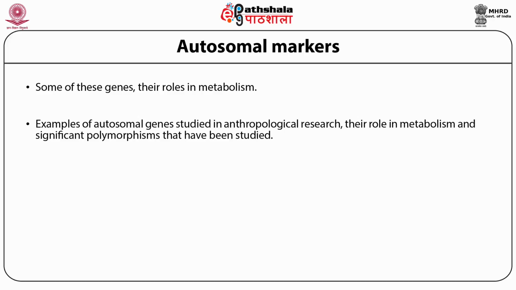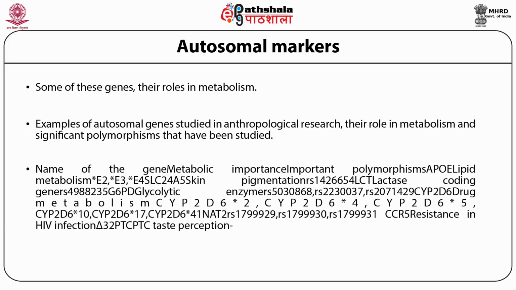When we look at this diagram, we see the name of the gene, for example, the first one, APOE. The metabolic importance is lipid metabolism, and the important polymorphisms are E2, E3, and E4. Then we take G6PD, a glycolytic enzyme, again with the polymorphism RS50308668. All this is written there. Then we have PTC, the PTC taste perception.